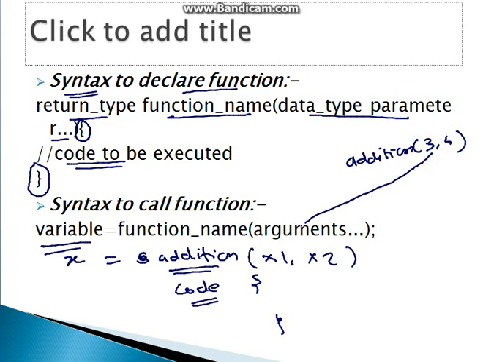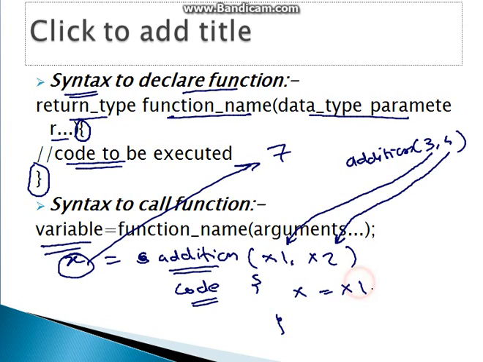The value of x1 will be 3 and the value of x2 will be 4, and the code will pass that value into x. So x will provide the solution, that is 7. Inside there will be the code x is equal to x1 plus x2, so it makes x equal to 3 plus 4, which is 7. So it was a simple code for addition.